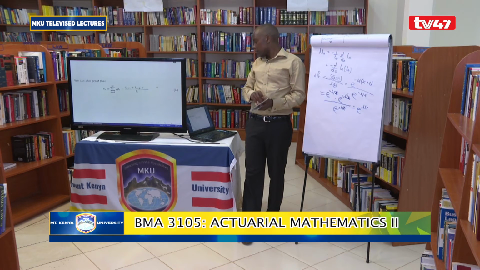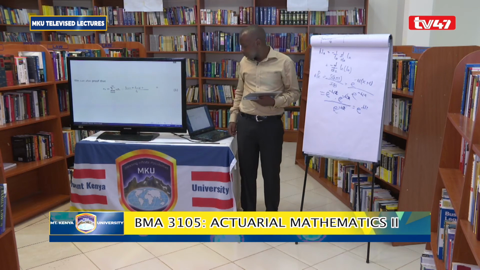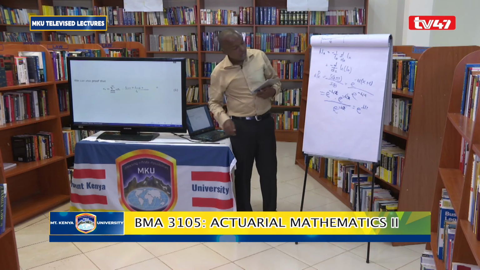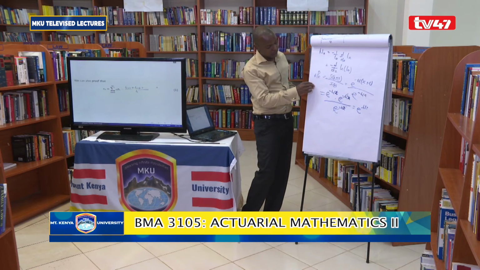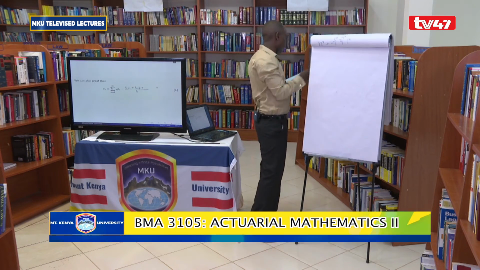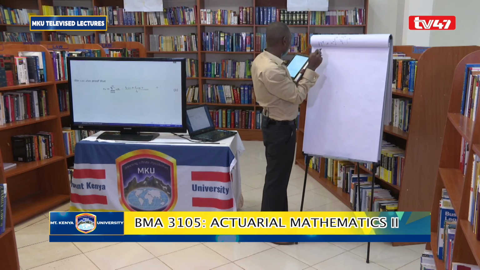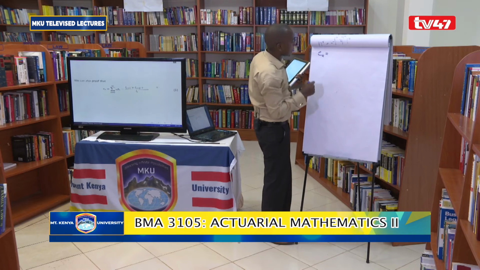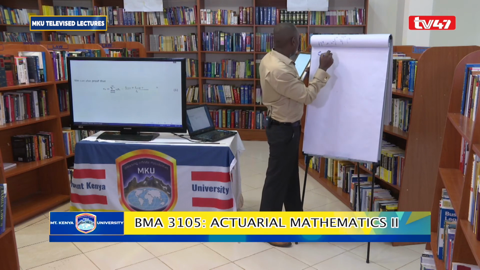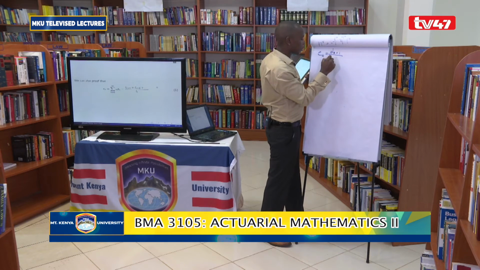We can show that the curtate expectation of life can be given by the summation of the given series as follows. So we know that Ex, or the curtate expectation of life, can be written like this: dx plus 1 all over Lx.